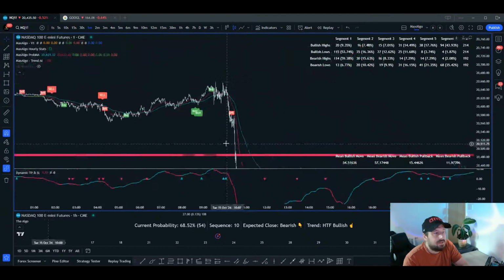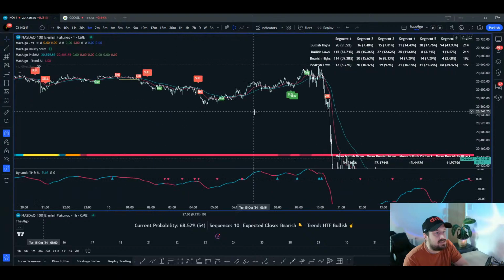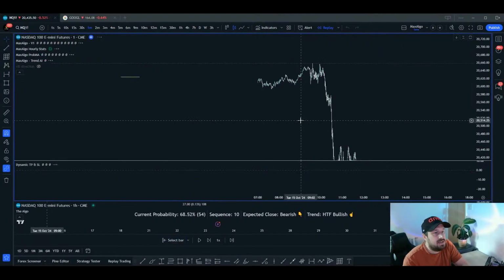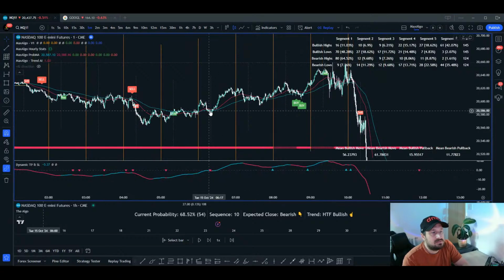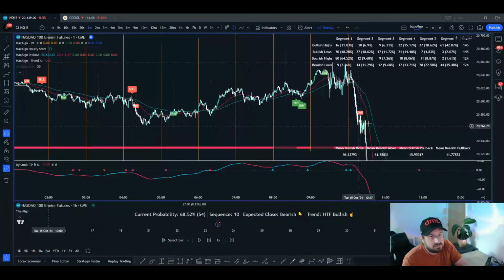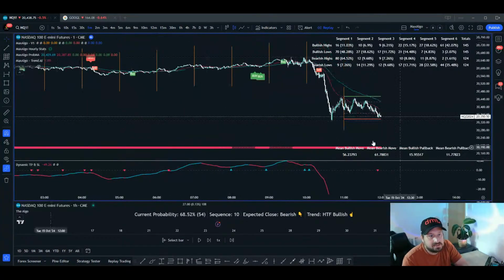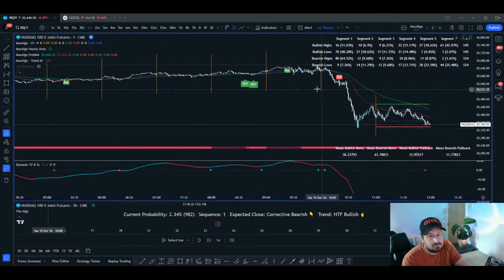So here you can see in the hourlies, we started to make highs. So we start breaking highs. New York open. We break the low. We come under the 0 line on our dynamic TP. We get our sell signal. That was my entry. And I took profit here. That was a cracking trade.